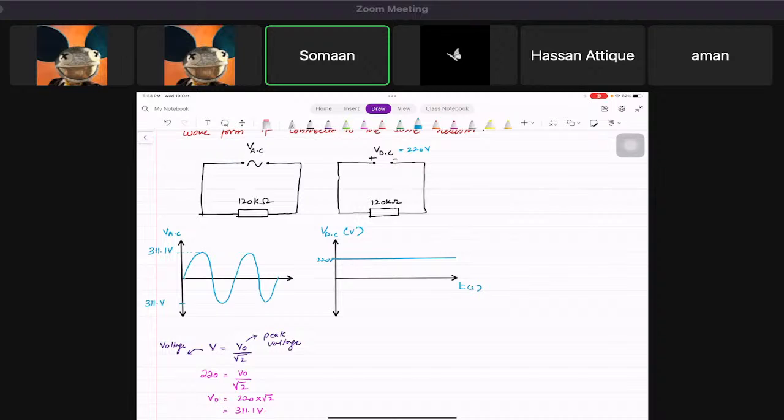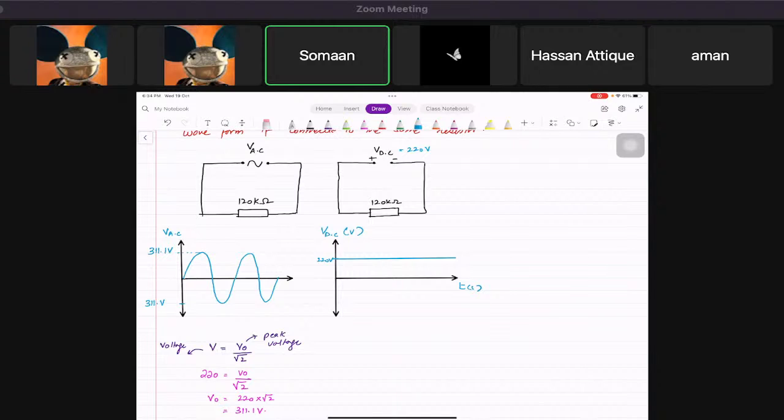So can you do the last part again? Yes. So what I'm saying is, Suman, that you are supplying 220 volts DC to any resistor. But in AC, if you look at it, it's not basically a straight line. It's going up and it's going down and then negative and then up and down like that, right? Yes, sir.